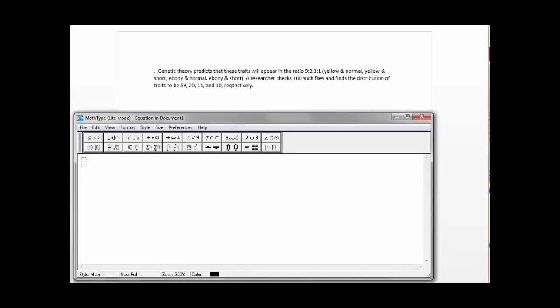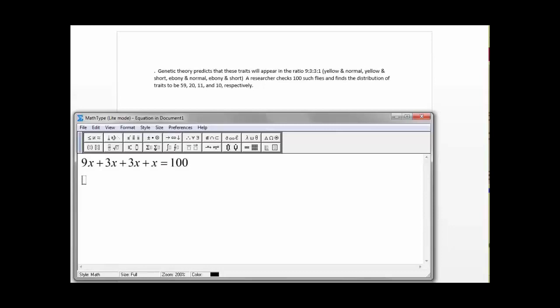Okay, so let's talk about that ratio of 9, 3, 3, and 1 for a second. If I have 100 fruit flies, one thing I can do is say 9 times some amount plus 3 times some amount plus 3 times some amount plus some amount should add up to 100, which will give me a way to break up all these different categories.